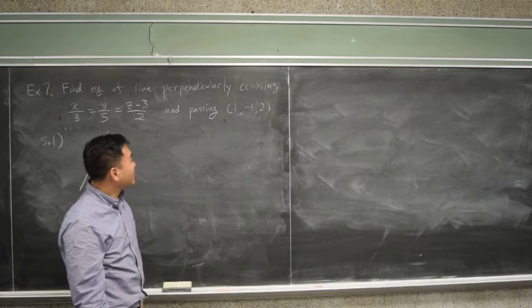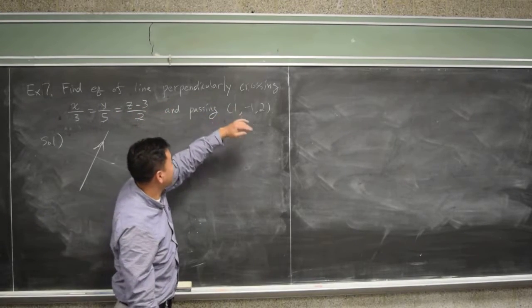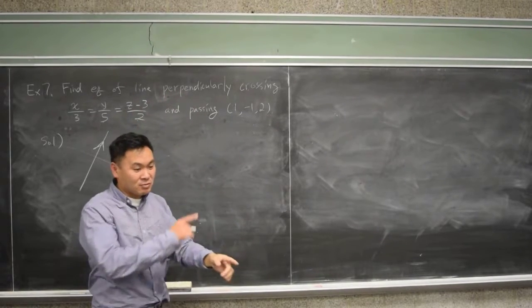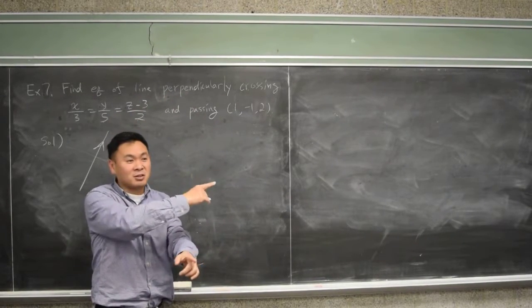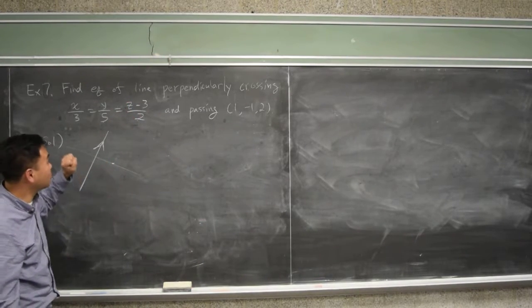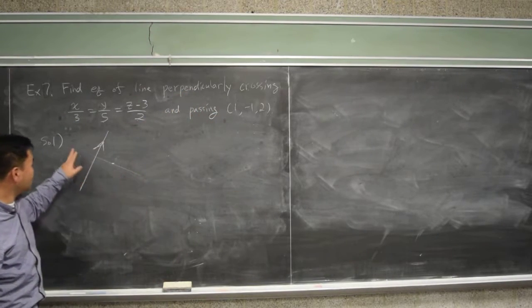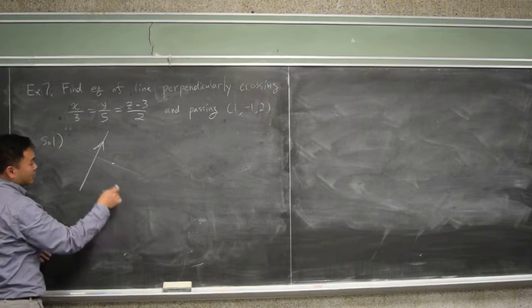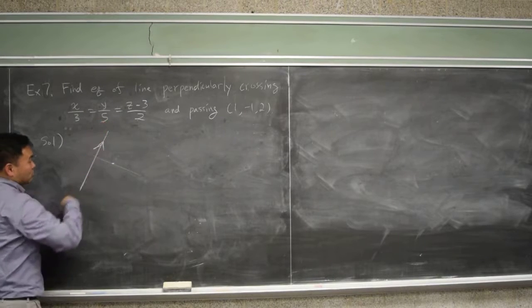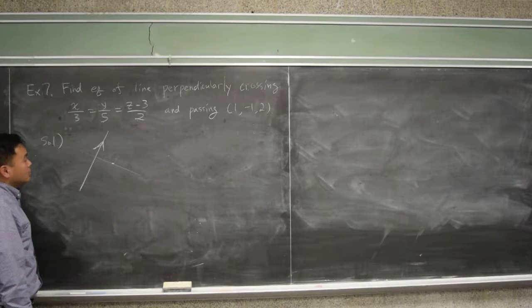So even with the original wording, you can still interpret it as meeting, because if they're skew, you can't really say that they're perpendicular to each other. But just to be clear, I wrote down perpendicularly crossing. So you have these two lines. Here's the given line, and I'm trying to come up with this line equation, which is perpendicular to the given line.